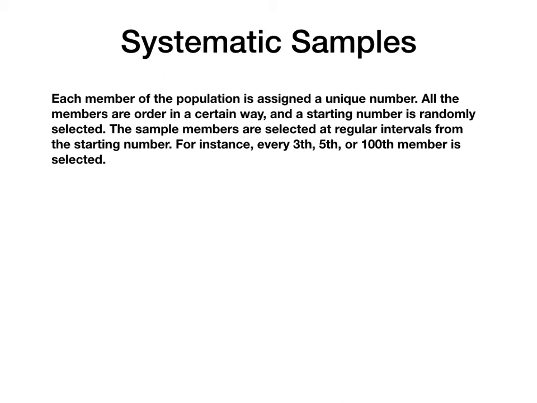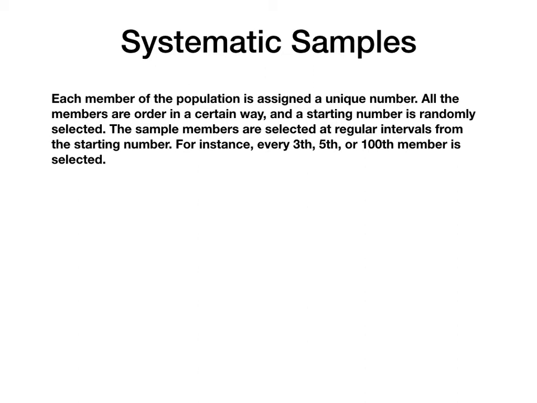The next technique is systematic samples. This is a technique in which each member of the population is assigned a unique number. All the members are ordered in a certain way, and a starting number is randomly selected. So you assign each member a unique number, you order them a certain way, could be from 1 to 5,000, and then you randomly select a starting number. And then the samples are drawn from the population by selecting at regular intervals from the starting number.